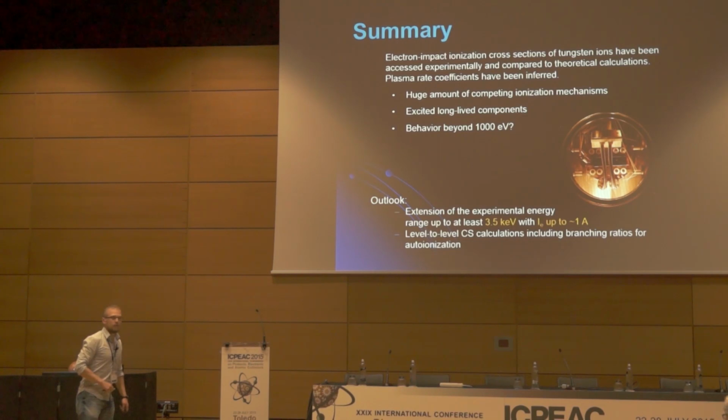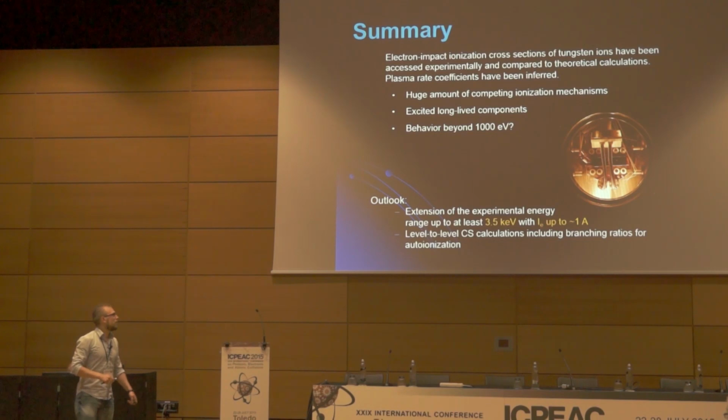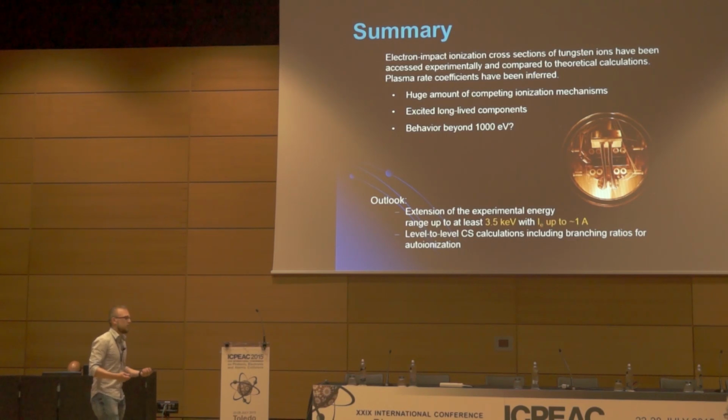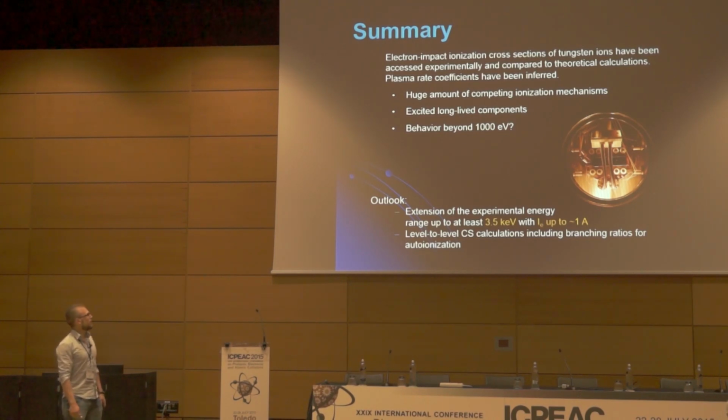This allows us to extend the energy range up to 3.5 keV, and it hopefully allows us to increase also the electron current, which would also allow us to get deeper into the ions and reveal the processes with very small cross sections. And also further level-to-level calculations, which have turned out to be really important, are very welcome.